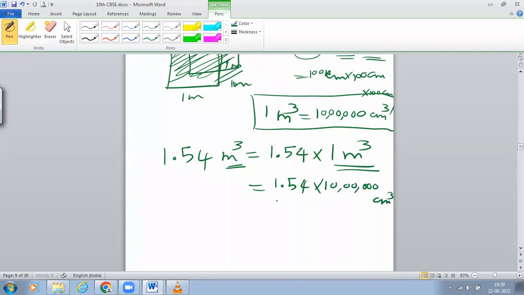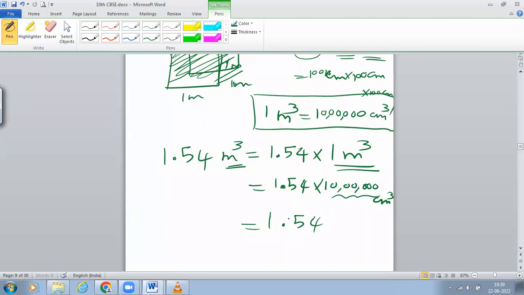So 1.54 into 10 lakh means, see here, 10 lakh has how many zeros? 1 and 6 zeros. Therefore, the decimal point has to be shifted 6 digits to the right side. In 1.54, we shift the decimal point 6 digits right.